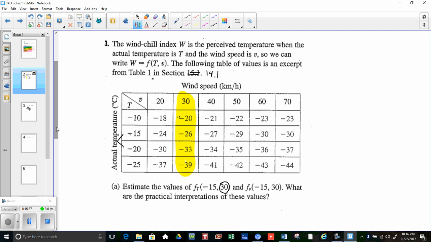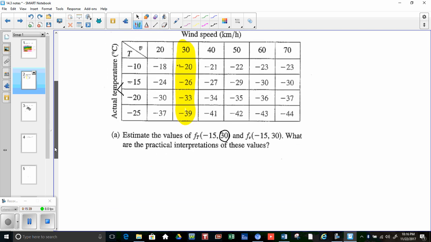Scroll down just a little bit. So F sub T at -15, 30. Again, 30 is being held constant. Is approximately, so we're looking at the change here between -26 and -33.